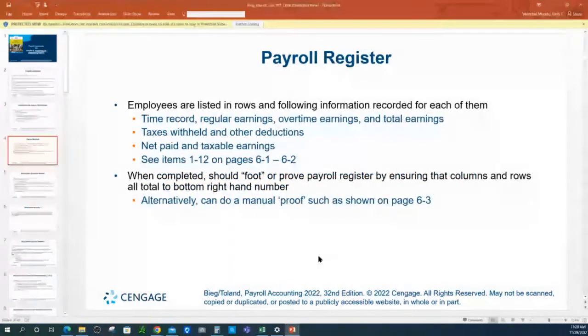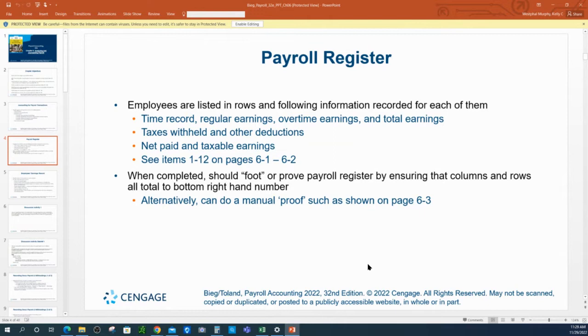All right, so payroll register. Again, I'm not going to go through what's all in the payroll register. You know what's in the payroll register. This is a listing of all the transactions that happen for each payroll.